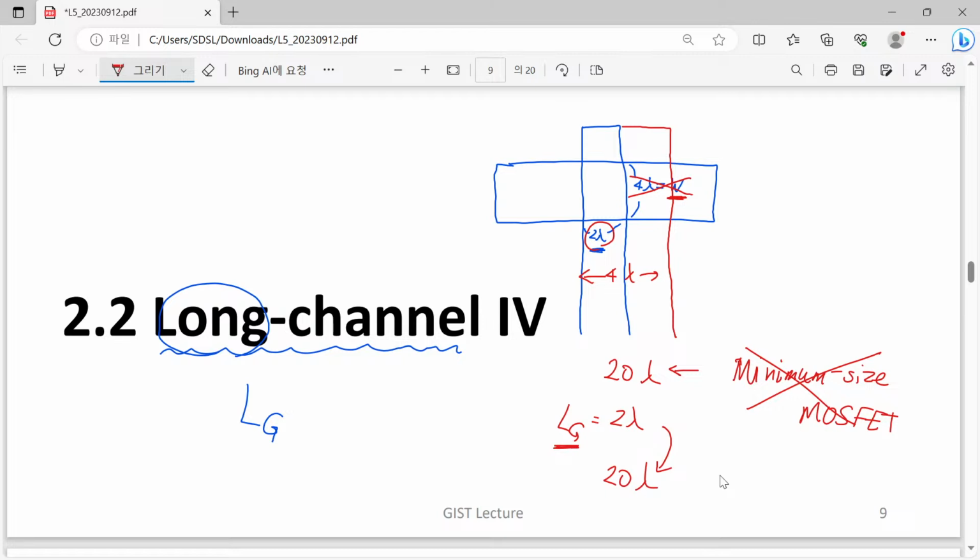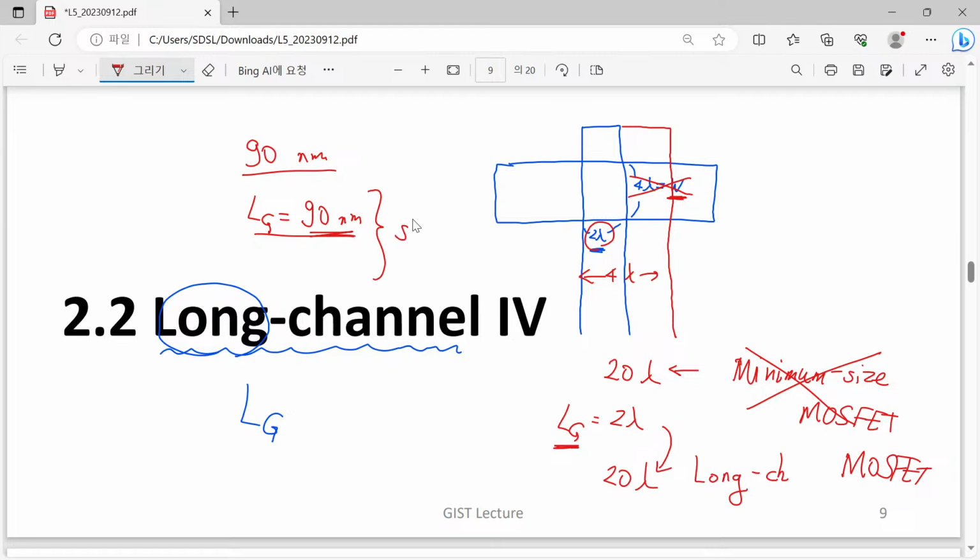So in this case, we call it a long channel MOSFET. Are you with me? For example, if you have 90 nanometer technology, then your transistor having gate length of 90 nanometer, or a few integer multiples of this minimum size, are treated as short channel MOSFET.